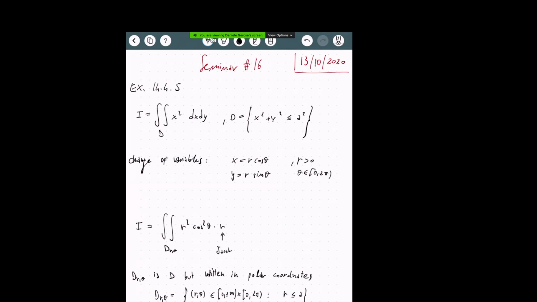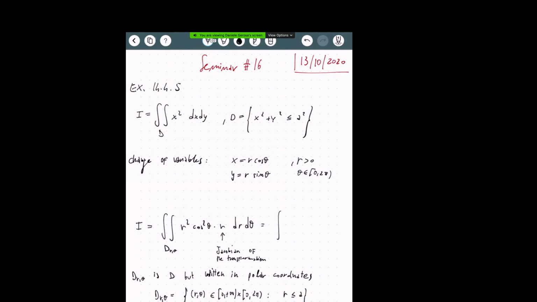Don't forget the Jacobian of the transformation, which is r, and it is r because we have seen that already. If you remember, at some point we were doing implicit function theorem exercises, and we saw the polar transformation, and I told you, remember this Jacobian because it will be very important. And that's why it is very important. Okay, and then this will be the r dr d theta.